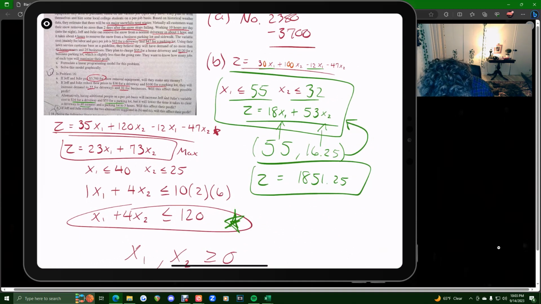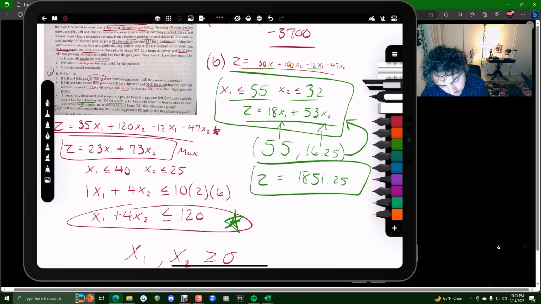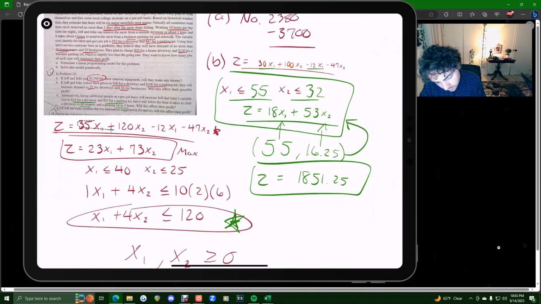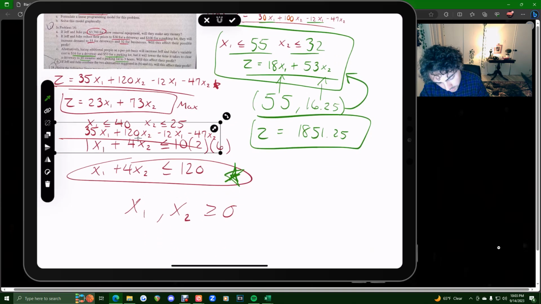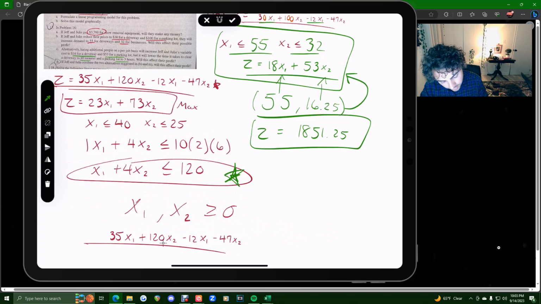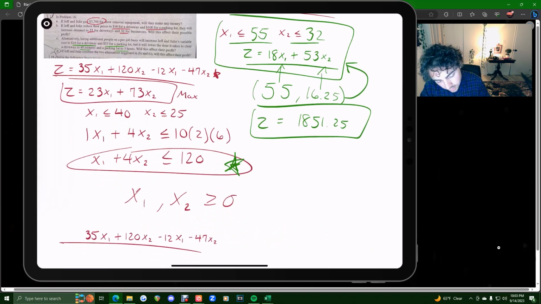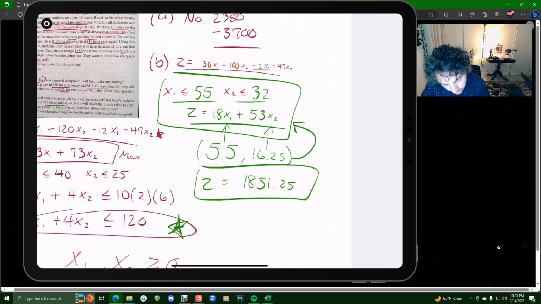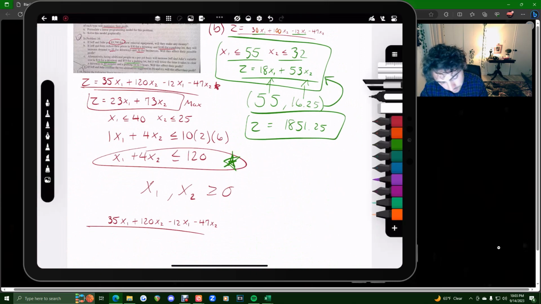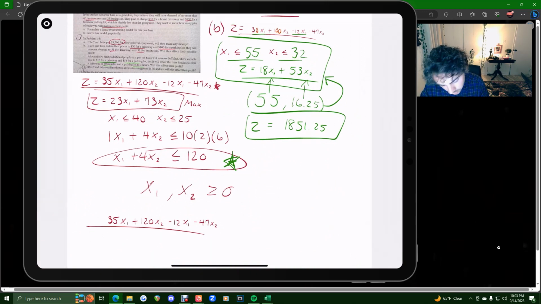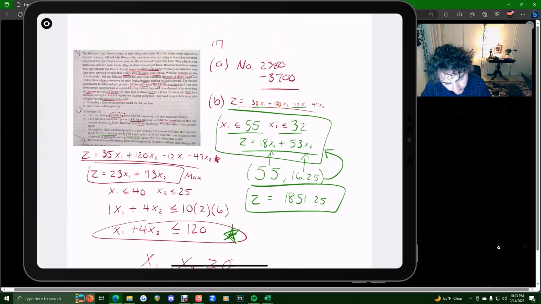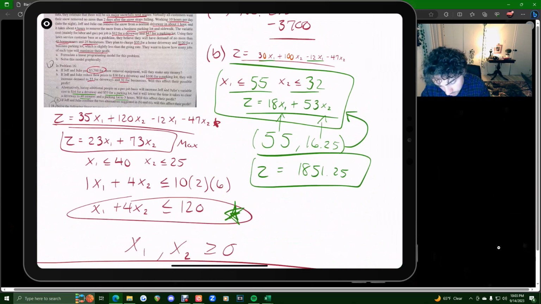Notice the key word is alternatively instead of something like additionally. If they had said additionally, then we would have had to keep these changes and then make the new changes as well.